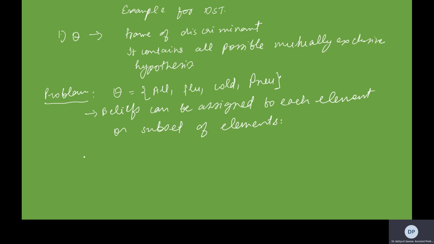Why subset? Because for any one evidence, like the patient is having fever, you cannot say that fever only belongs to flu. It can belong to either flu or cold, or to pneumonia or flu, like this. So we have to take this into account.